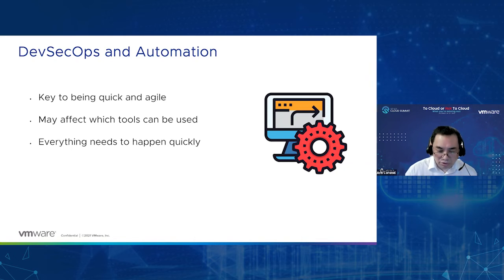But you also have to take note that there's a penalty, because there's a good chance that when you move over to DevSecOps, some of the tools that you've used for years with your existing process might not work anymore, because everything has to happen quickly. So we really have to rethink how we do it, how do we automate it, and what tools can we use.